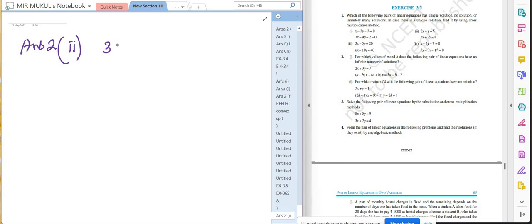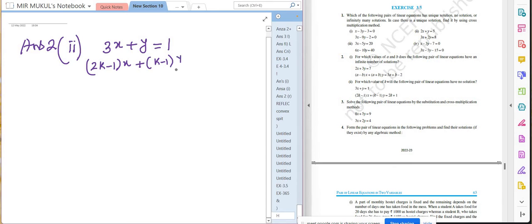The equations are 3x plus y equals 1, and (2k minus 1)x plus (k minus 1)y equals 2k plus 1. Right?